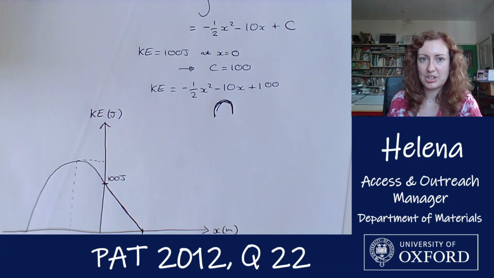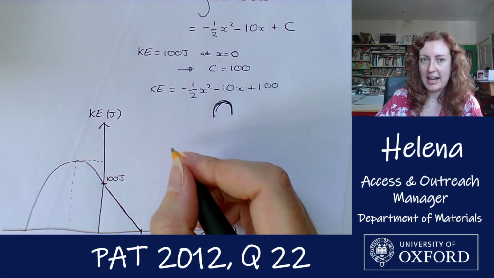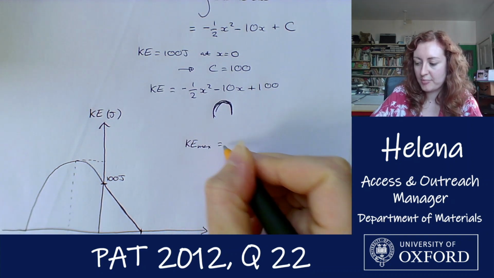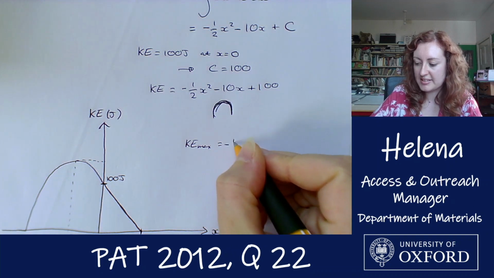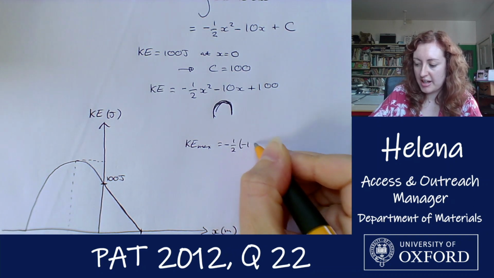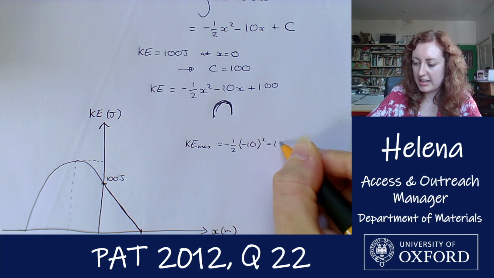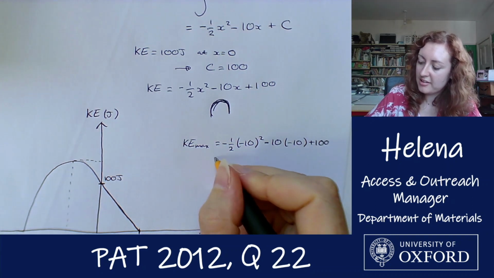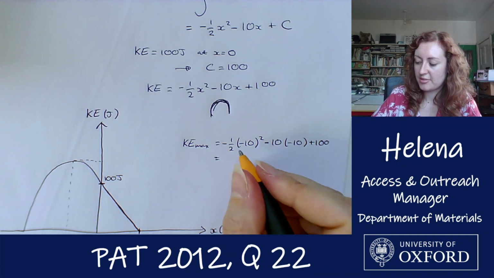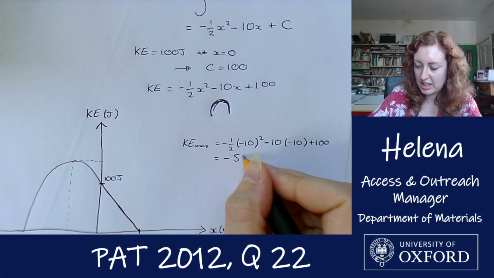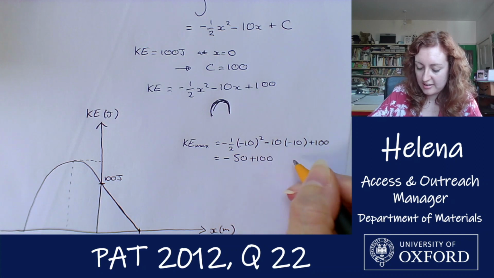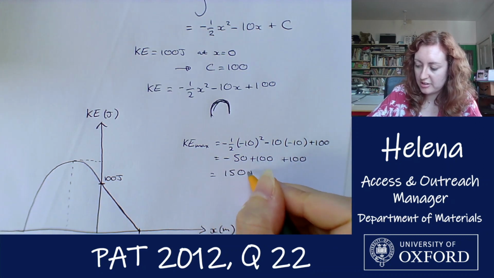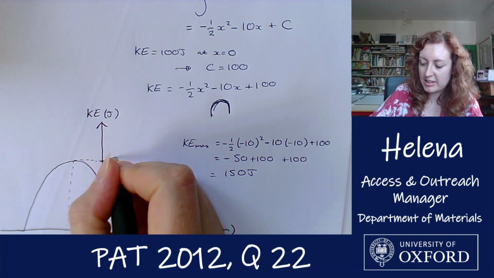If we substitute that into our equation to get our max value, it's -1/2 times -10 squared, minus 10 times -10, plus 100, which is equal to -1/2 times 100, so that's -50, plus 100 here and plus another 100 here, which gives a value of 150 joules for that maximum energy.